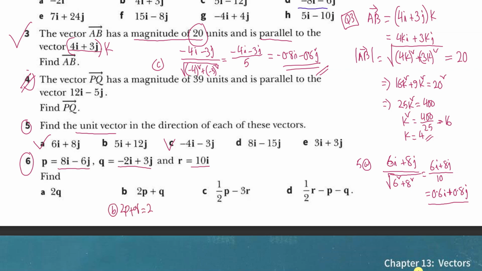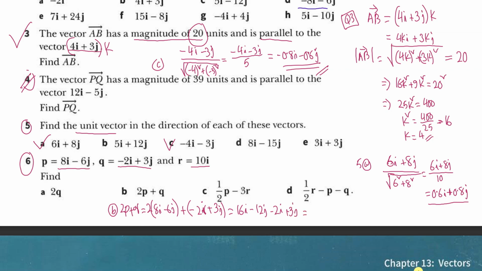Just put the vector values from there, which is 2 times 8i minus 6j, and Q vector is here minus 2i plus 3j. Let me remove the bracket. 2 times 8 is 16i minus 12j minus 2i plus 3j we can write from there.